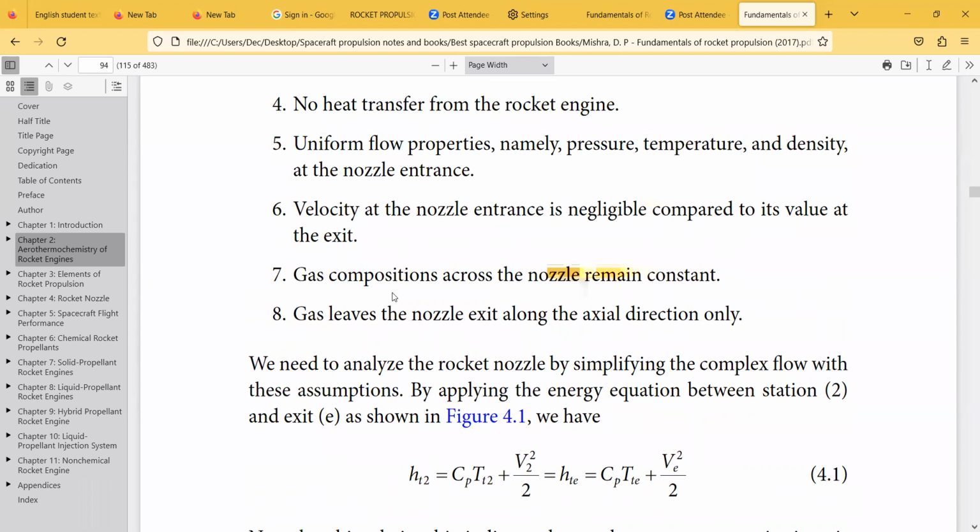Gas composition across the nozzle remains constant. Even though there is variation in temperature and pressure, and there exists a small composition difference, we consider the gas composition throughout the nozzle to remain constant. And the gas leaves the nozzle exit along the axial direction only.